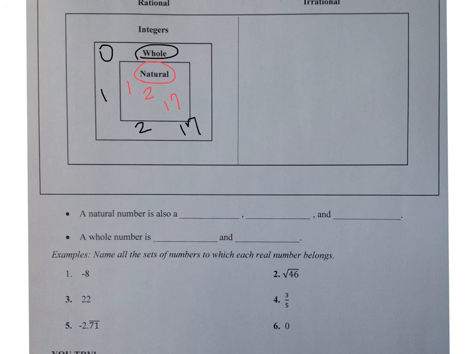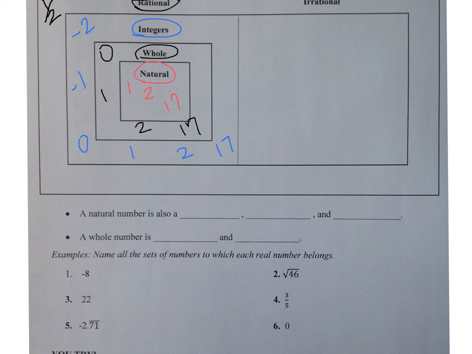Our next category is integers. And remember, integers include positive, 0, and negative numbers. So we have something like -2 and -1. But it also includes 0, positive numbers like 1, 2, and 17. And then lastly, we have rational numbers. And that's basically everything we discussed. Rational numbers we talked about include a fraction, such as 1/2.